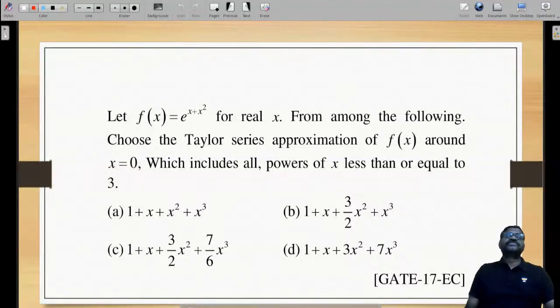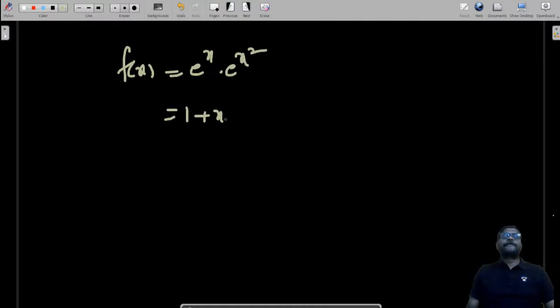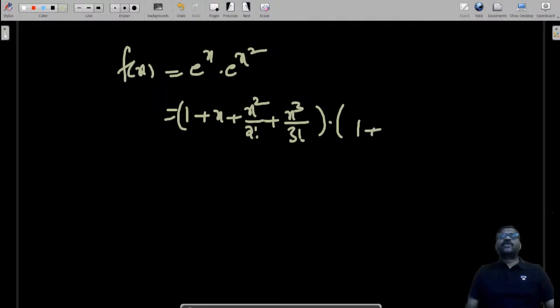Observe, f of x is e power x into e power x square, 1 plus x square by 2 factorial plus x cube by 3 factorial multiplied with 1 plus x square plus x power 4 by 2 factorial, not required.